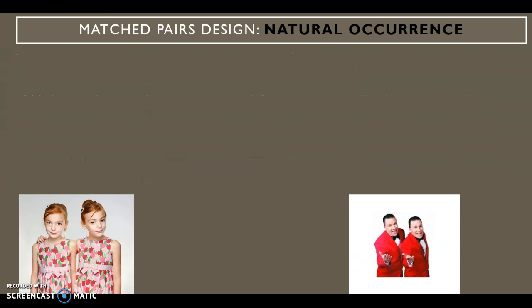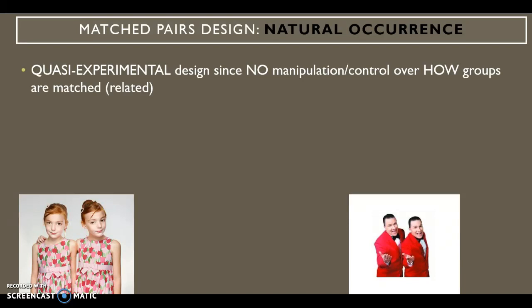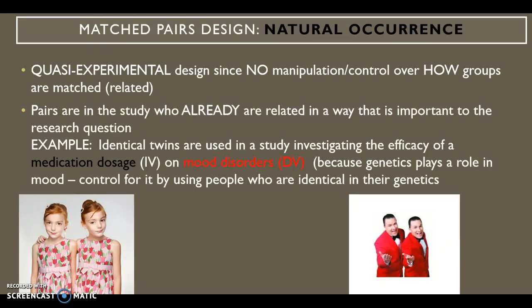Another way of doing a matched pairs design is called natural occurrence, and these are when your pairs are already naturally matched on something. So probably the most common natural occurrence matched pairs design is when people are literally related to each other, like identical twins. So for example, we gather a bunch of identical twins. We're trying to see how effective the level of medication is that you give somebody who has a mood disorder.